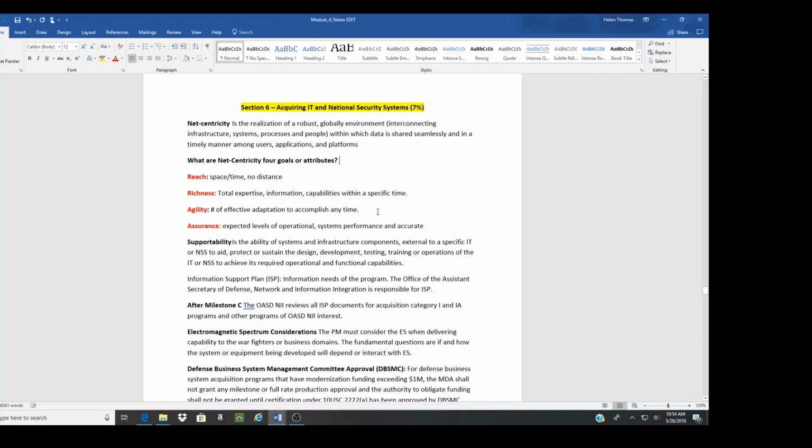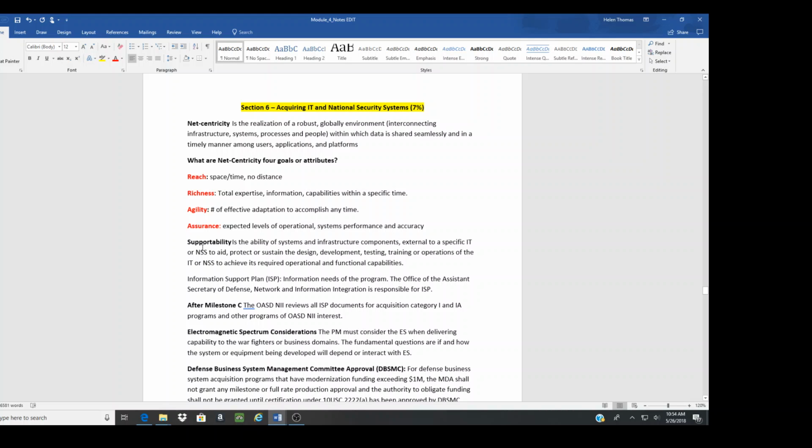And assurance: expected levels of operational systems performance and accuracy. So the 4 goals: 2 R's and 2 A's. Reach, richness, agility, assurance.